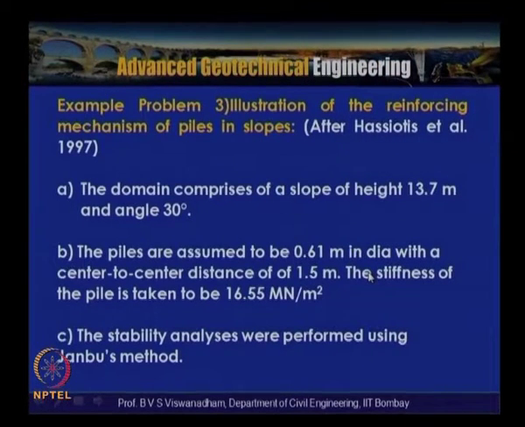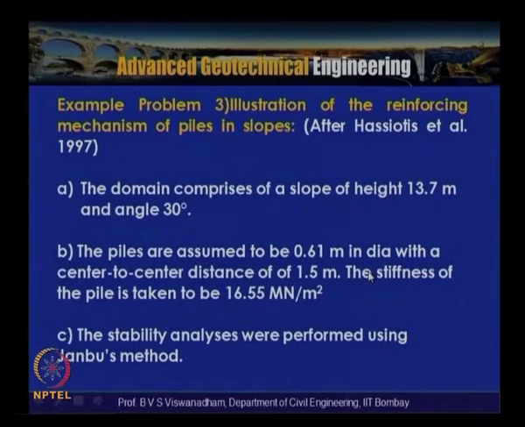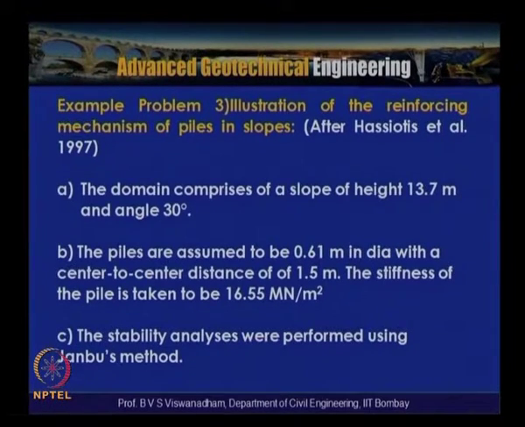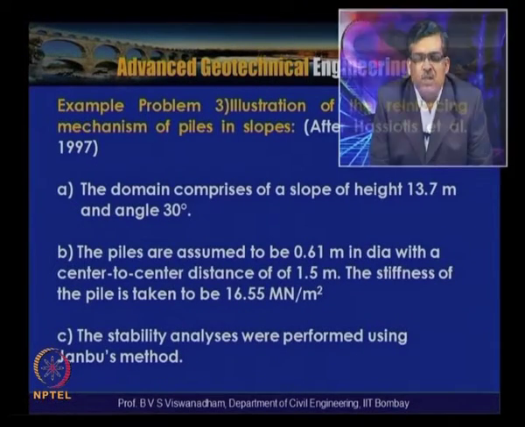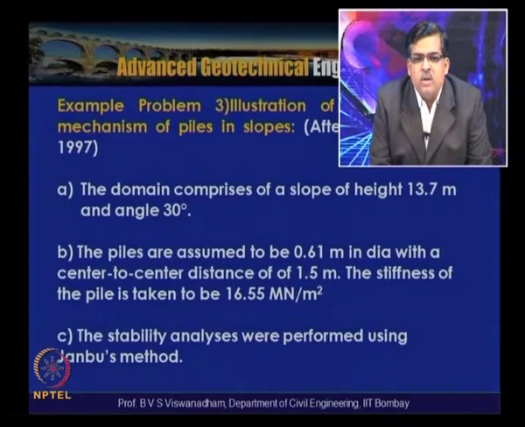Now this is example 3, basically an illustration of the reinforcing mechanism of piles in slopes. Ito et al. 1997 have given the stability analysis of slopes reinforced with piles using the friction circle method, and the similar configuration and properties given by Ito et al. 1997 were considered.